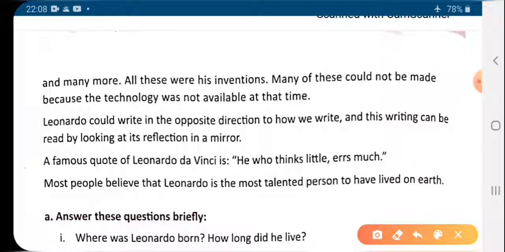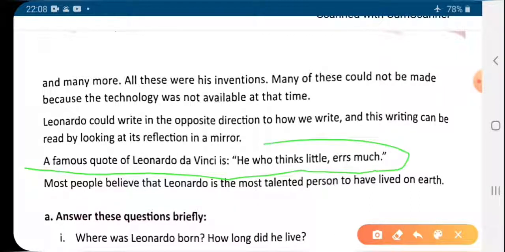A famous quote of Leonardo da Vinci is, "He who thinks little errs much." This is the famous quote of Leonardo, that one who thinks little, means who is not thinking well, errs. Errors means mistakes.